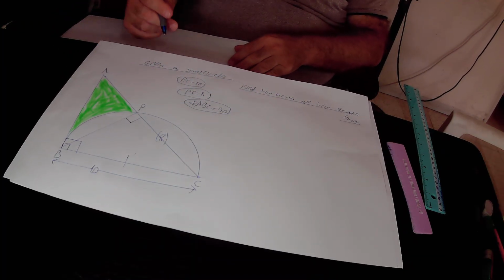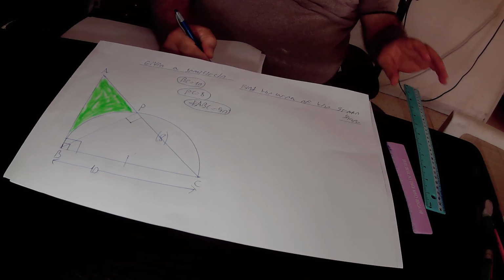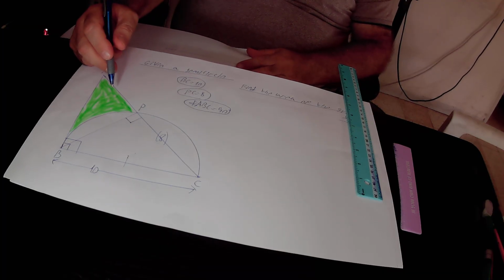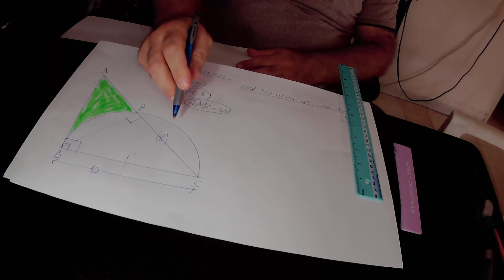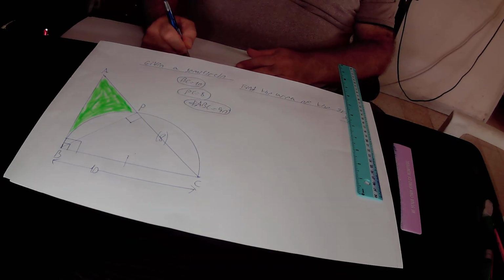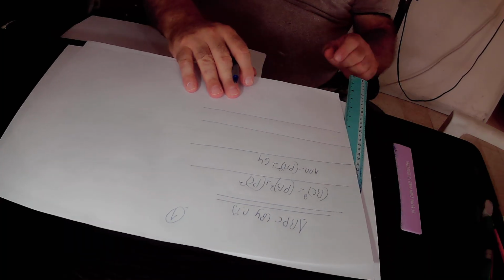BC is 10, therefore BC square is 10 squared, it is 100. And it is equal to PB square. PB is the missing side, so we leave it as it is. So it is PB square plus PC square. PC is 8, therefore PC square is 8 squared, that is 64. So in total, we found that 100 equals PB square plus 64.